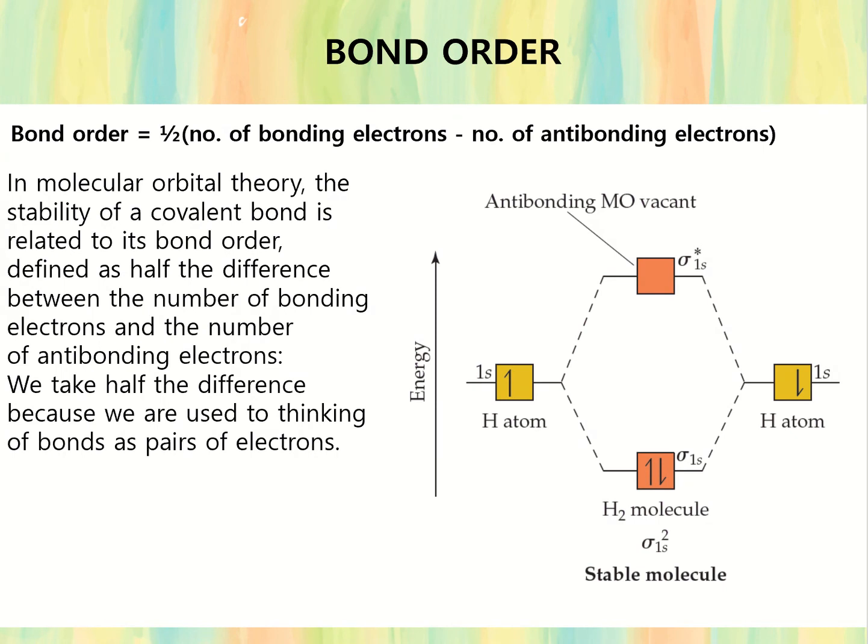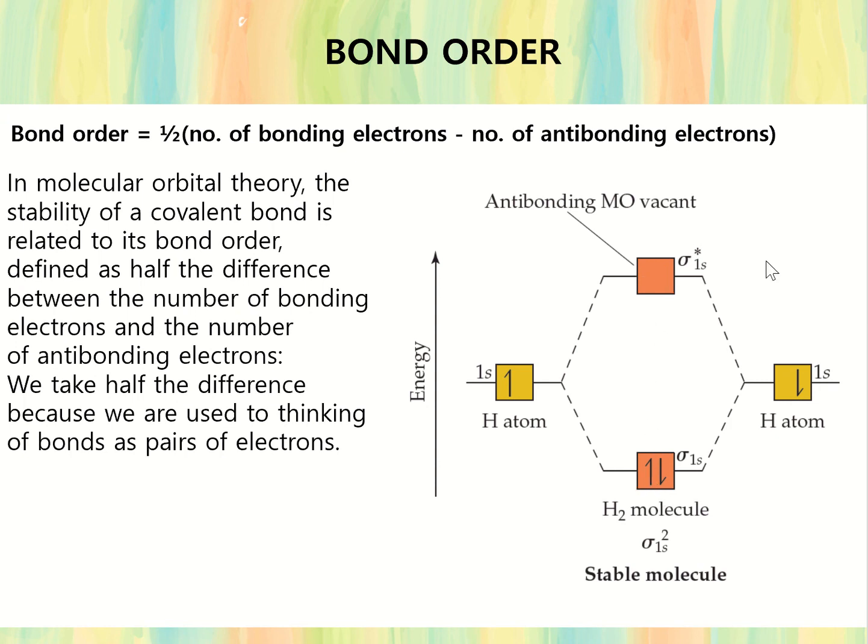All right, so another term that we need to know is bond order, right? So bond order is equal to half the number of bonding electrons minus the number of antibonding electrons. So what you want to do here, once you have accounted for all of your electrons, so if we have 2 electrons here, both electrons will go in our bonding molecular orbital, right?